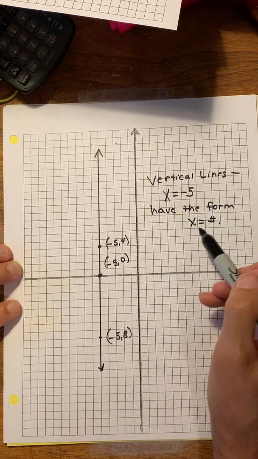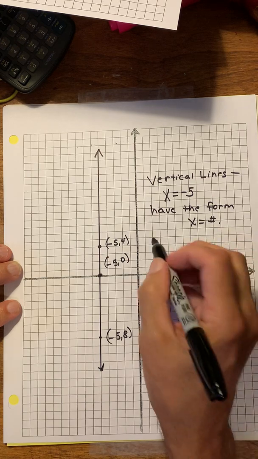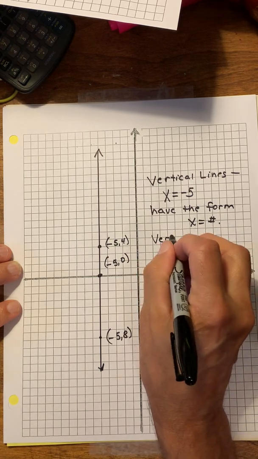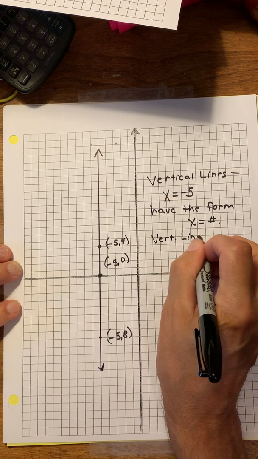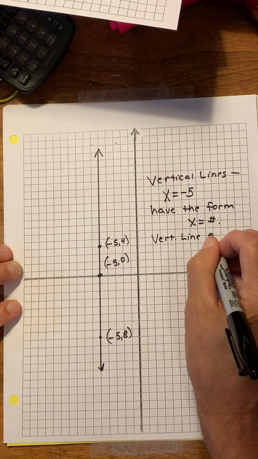So if you have an equation, another way to think of it is vertical lines only have x's in the equation.